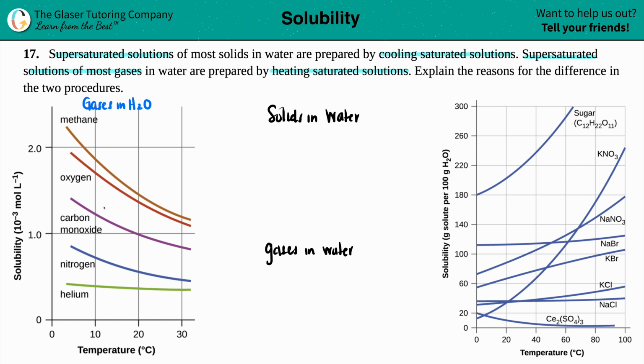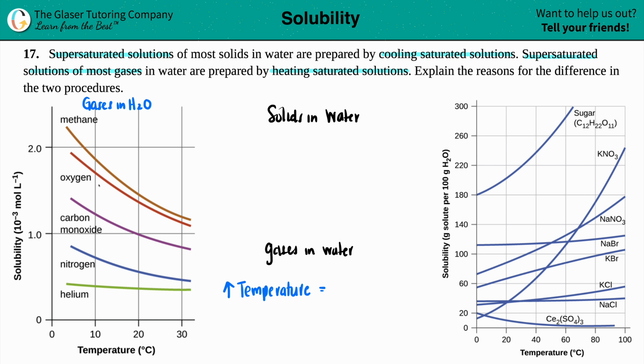So this would be gases in water. So the solubilities, as temperature increases, what's the general trend of these lines? Are they going up or are they going down? Yeah, they're going in a downward fashion. So as your temperature increases, as it's getting hotter and hotter, what's happening to the solubility, or the amount of these gases that are able to exist in the water?